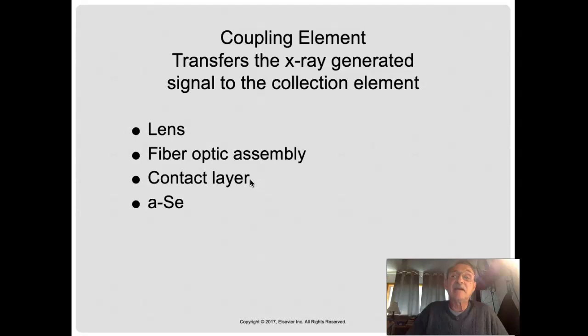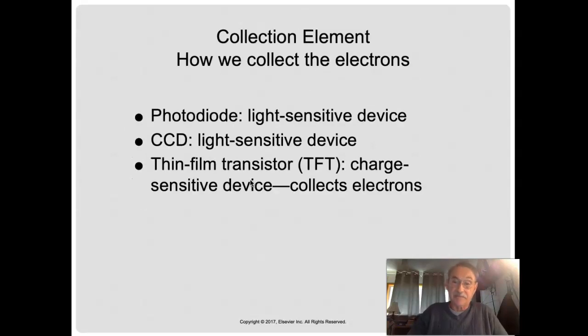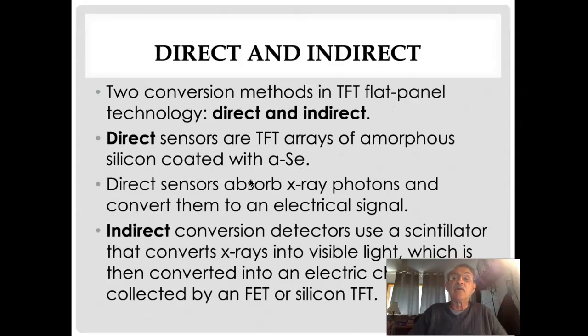And finally, the coupling element transfers the X-ray generated signal to the collection, and that's done indirectly by a lens, by a fiber optic assembly, or the contact layer, and directly through the amorphous selenium. We collect the electrons through a photodiode, a CCD, or a thin film transistor. So this is how this stuff works.